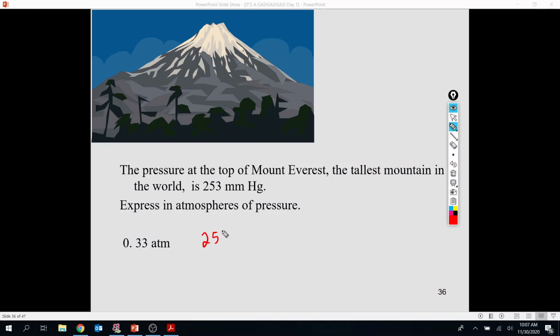Okay, hopefully you said write down what we're given, and so that's going to be 253 millimeters of mercury. And since we want to get out of millimeters of mercury, we're going to put that on the bottom so that those will divide away. And we'd like to convert to atmospheres. And if I look back on my notes, what numbers are going to go in there?